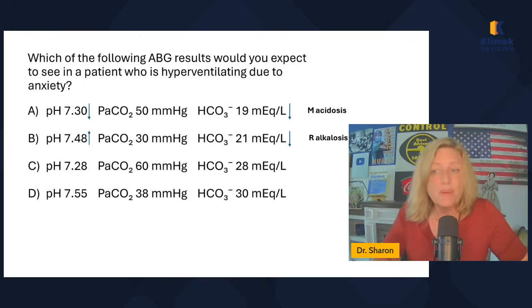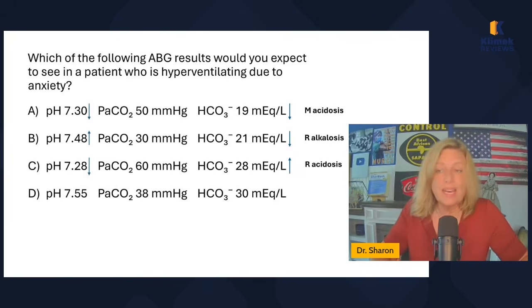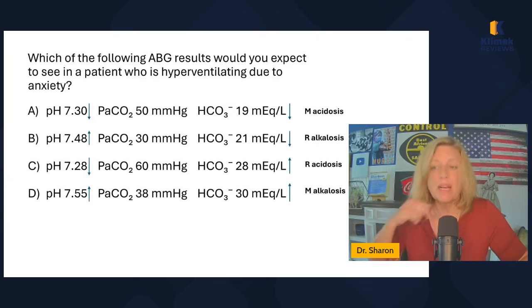So that's respiratory alkalosis because the pH and the bicarb are in the opposite direction. The third one, the pH is down, so we know it's acidosis. And the bicarb is up, so it's going in the opposite direction. So that's a respiratory acidosis. And then the last one, the pH is up and the bicarb is up. So that's a metabolic alkalosis.